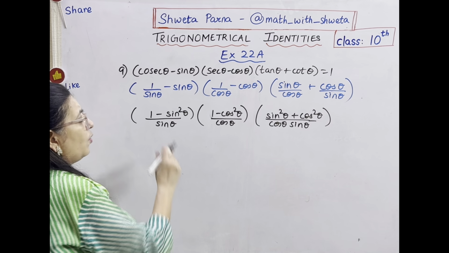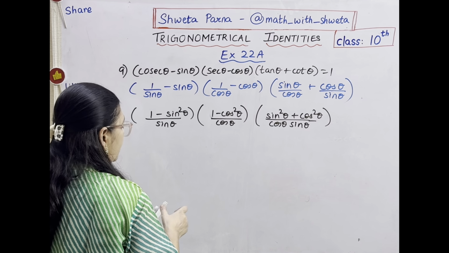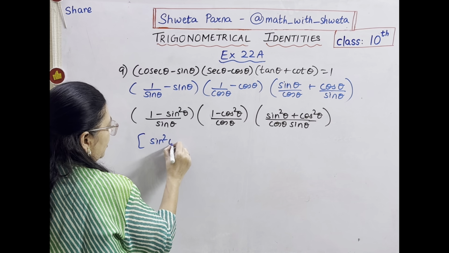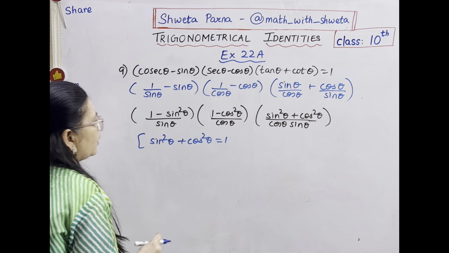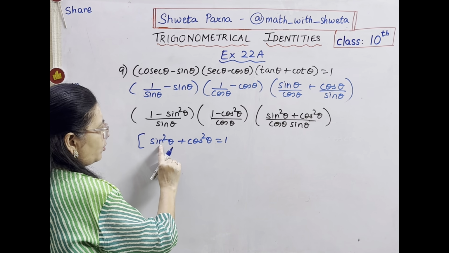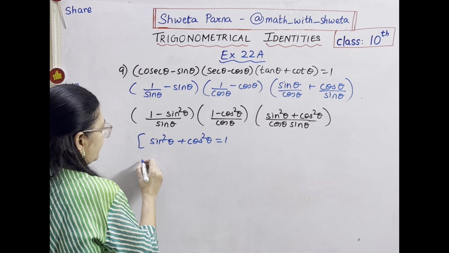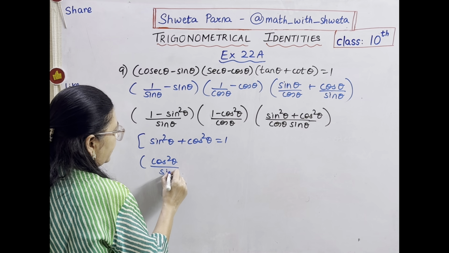Okay. Now what is 1 minus sin square theta? See, remember I told you the three main identities. Sin square theta plus cos square theta is equal to 1. So 1 minus sin square theta, if I take it here, this will become cos square theta. So the first one would be cos square theta upon sin theta.